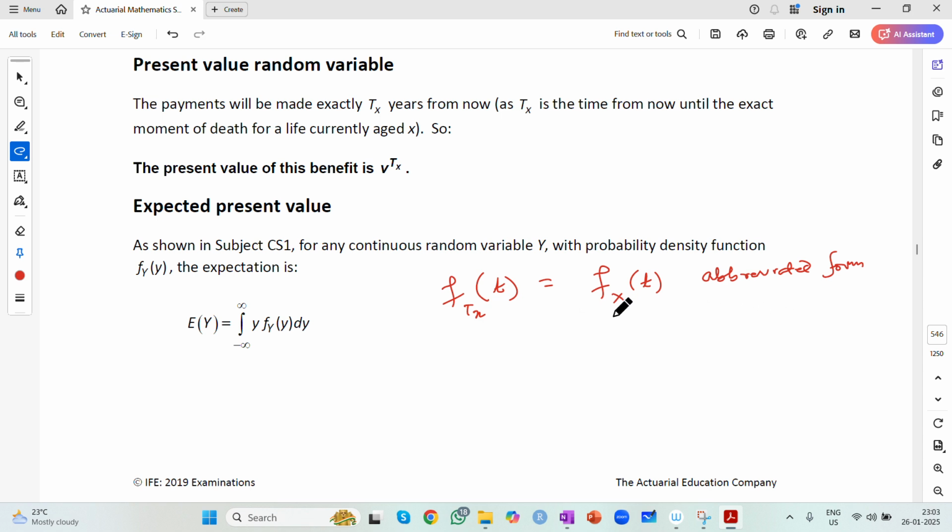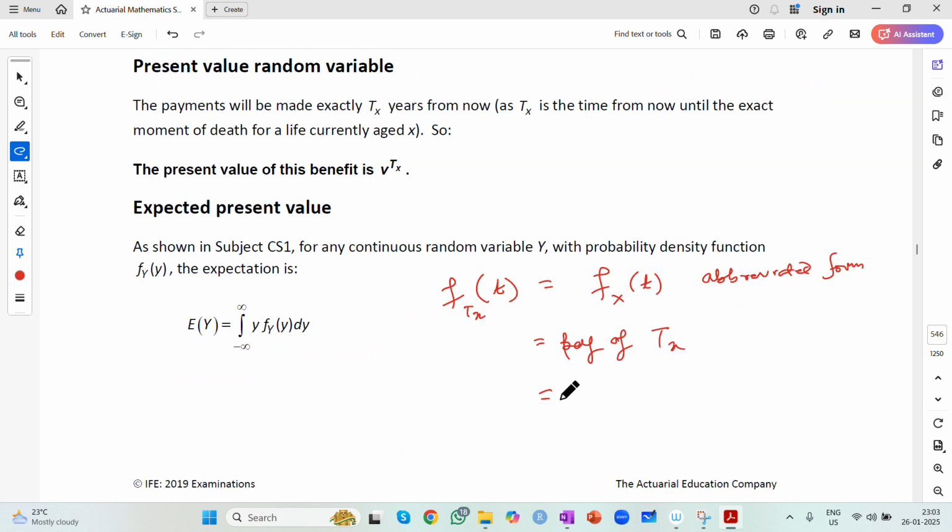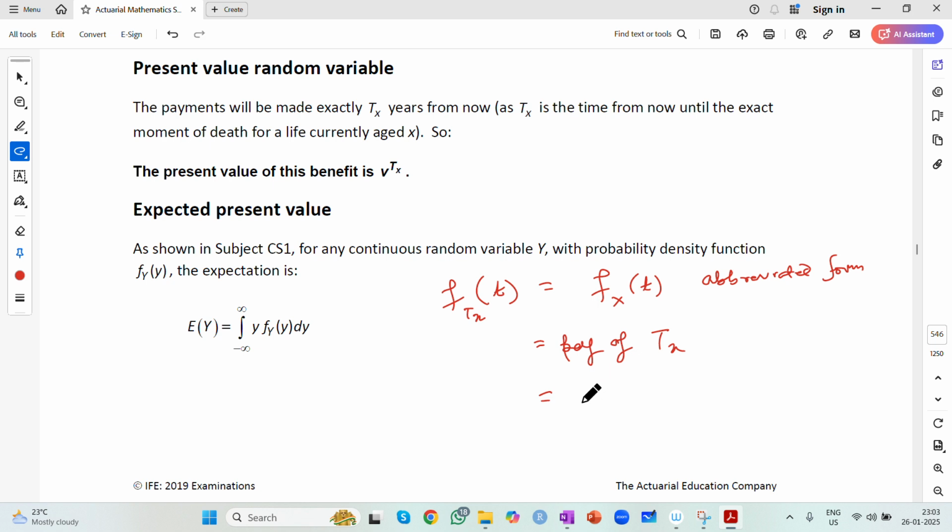This is the PDF for the continuous random variable T_x, and the formula for the PDF is tp_x times mu_{x+t}. The proof of this is not in our syllabus, it's a part of CS2, so we just skip it, learn it and use it in the exams.